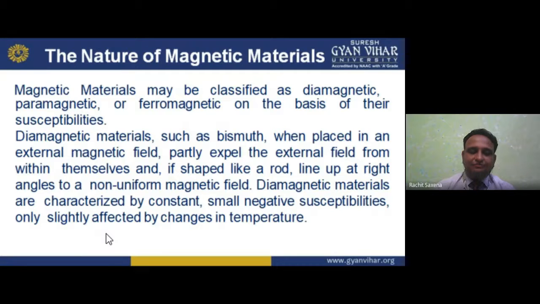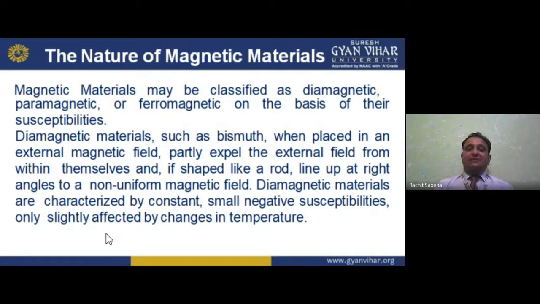Now see here, the nature of magnetic materials. Magnetic materials may be classified as diamagnetic, paramagnetic, or ferromagnetic on the basis of their susceptibilities, that is, permeability and susceptibility.